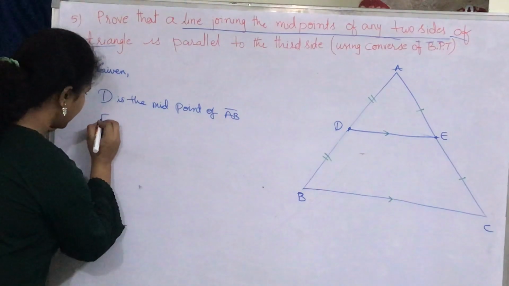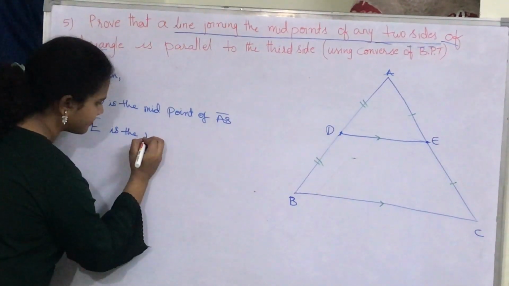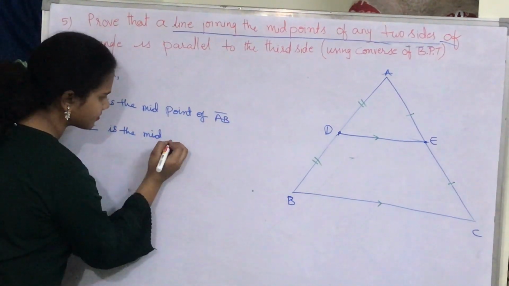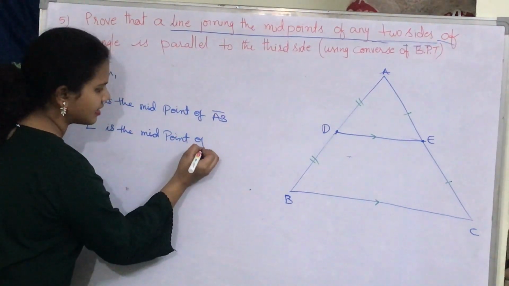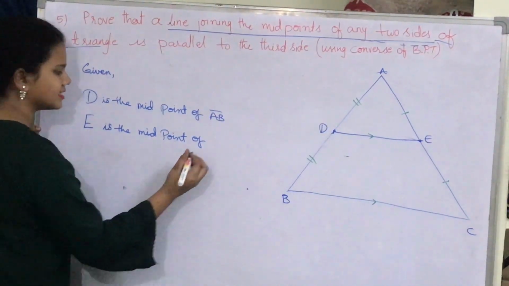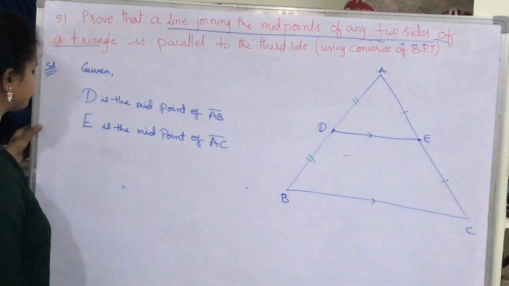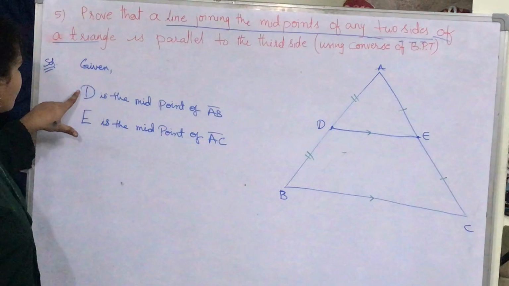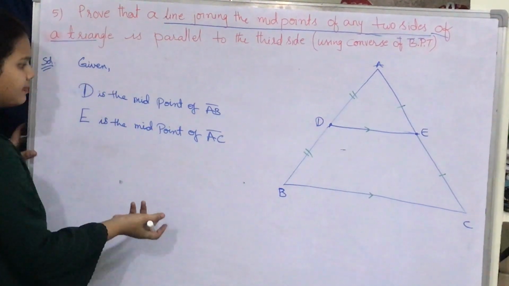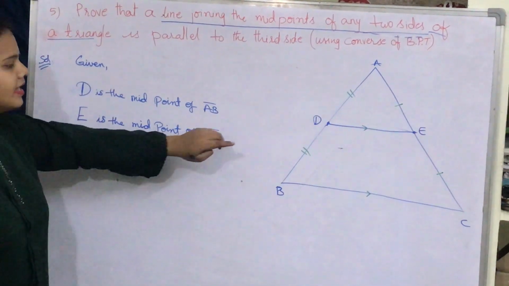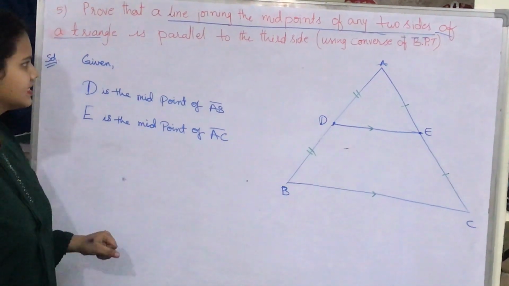And E is the midpoint of AC. Okay, now here we have D, the midpoint of AB, and E, the midpoint of AC. Now we must prove that DE is parallel to BC.